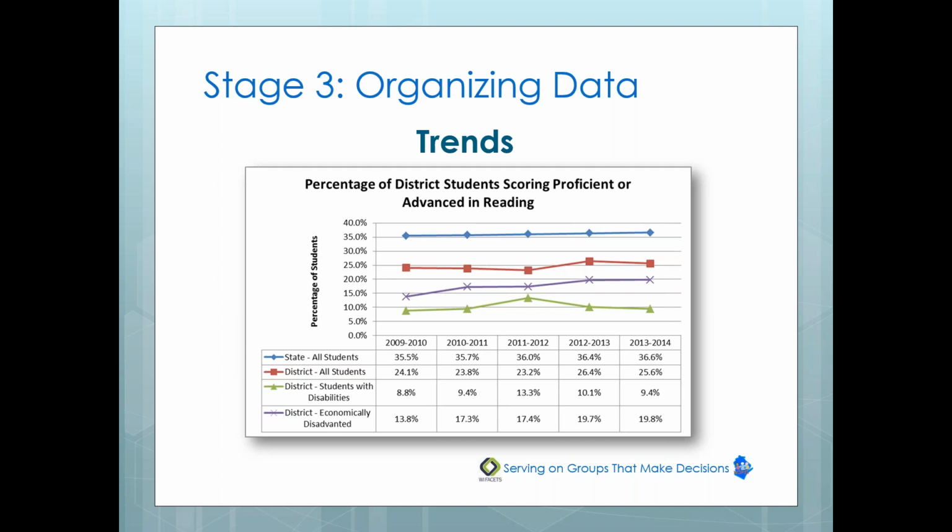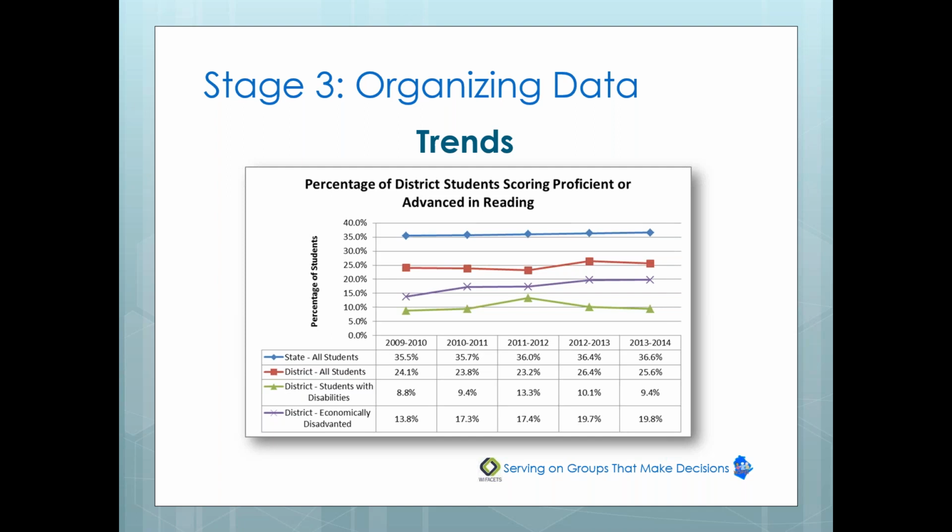For those of you who don't know, this includes both students who took the Wisconsin Knowledge and Concepts Exams with and without accommodations, and also students who took the Wisconsin Alternative Assessment for students with disabilities. These assessments have changed since then. They do a few different ones, but these were the ones when we put this slide together.